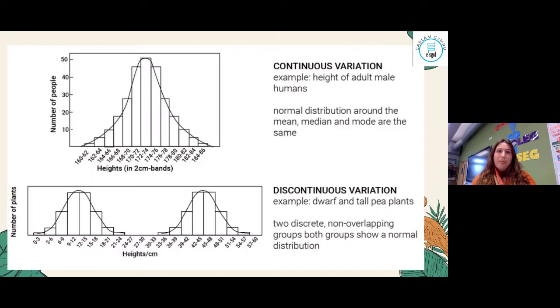And here we go. So continuous variation, you can see here from both extremes. So here's one extreme and here's the other extreme. So the lowest it can be and the highest it can be. We have a range of results shown here by this curved line. And what we see is that there's normal distribution around the mean.